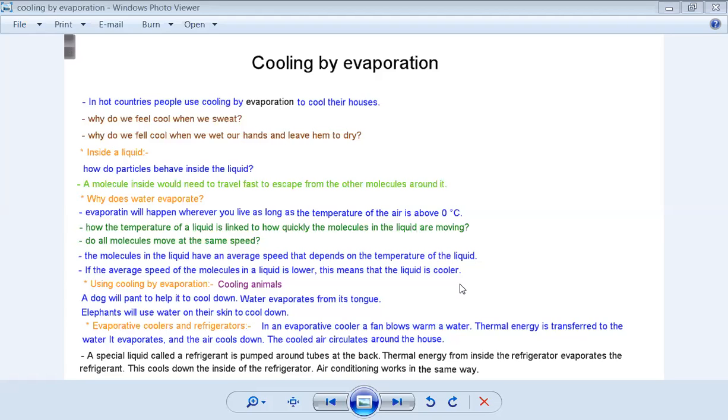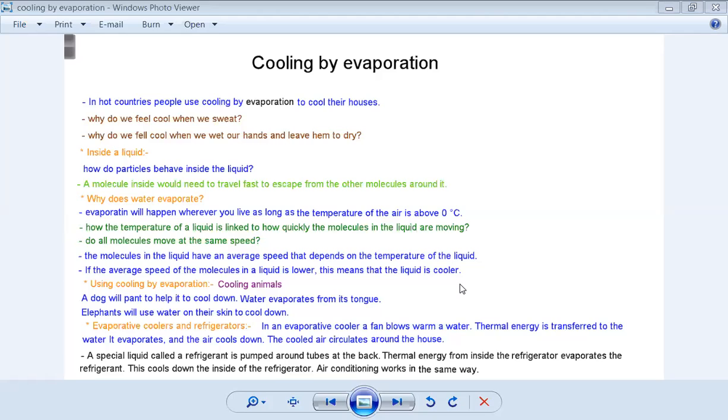As we said, if they have high temperature, that means they will get more energetic. That means the average speed will what? If they get more energetic, the average speed will increase.